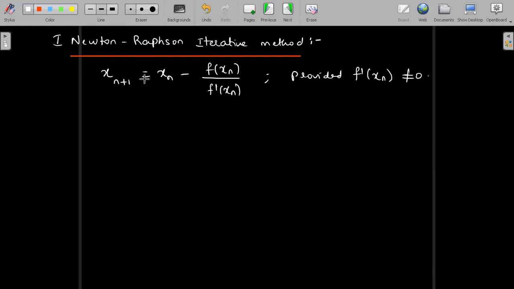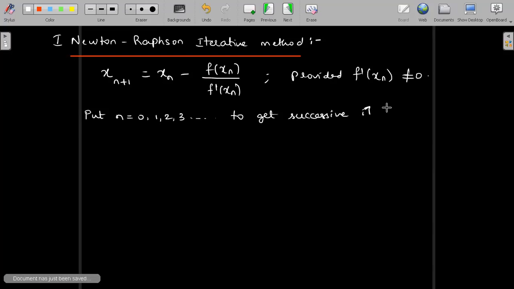So this is our expression. N takes the value. So we substitute n equal to 0, 1, 2, 3, etc. to get successive iterations.